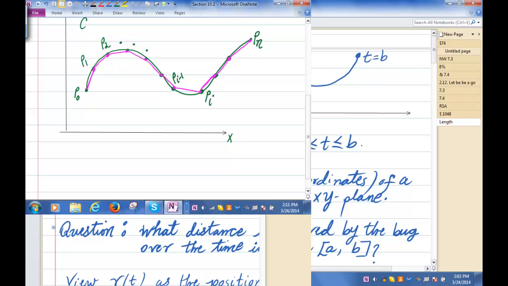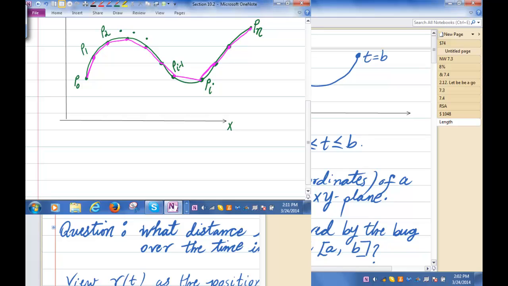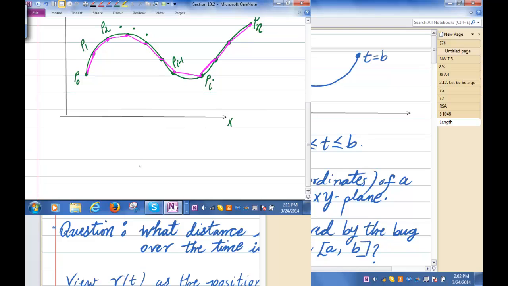And so one way I could define the length is that I could look at the distance between the point Pi minus 1 and Pi. So this symbol means the length of the line segment between Pi minus 1 and Pi. And then I am going to add up all the lengths of all these line segments. So I have to sum up over i from 1 through n, right? So when i is 1, I get the length between P0 and P1.